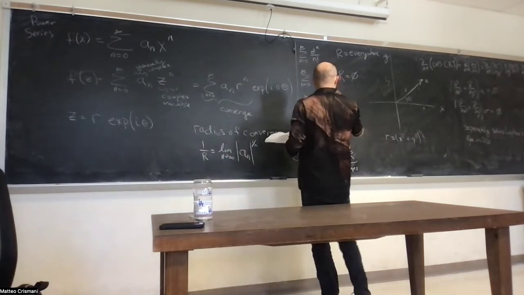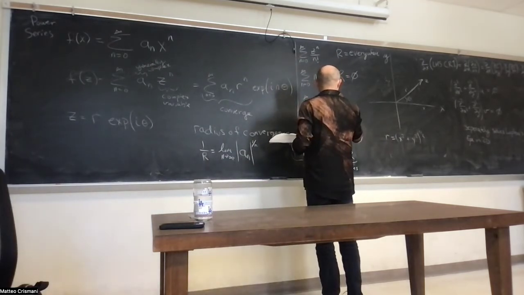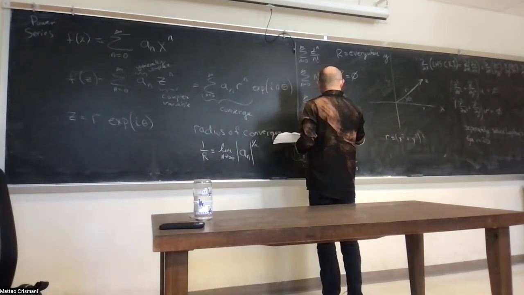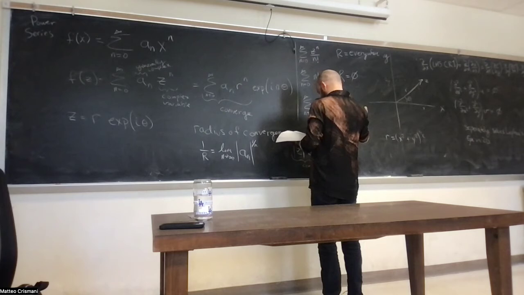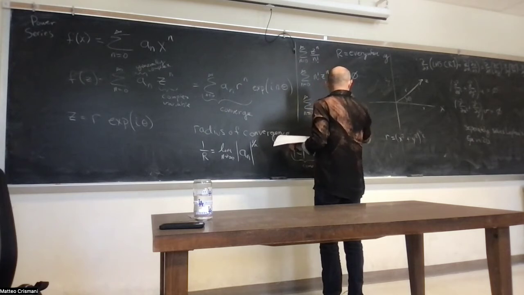So we have something like the limit as n goes to infinity of 1 over n.